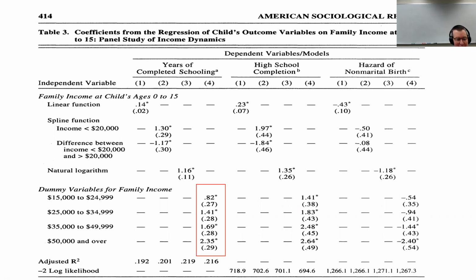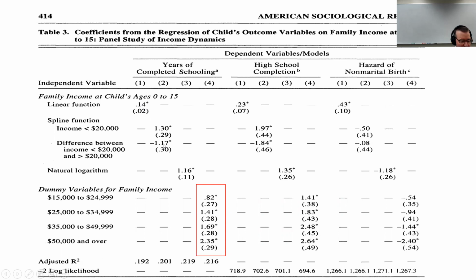We thought, well, maybe it's not linear. Maybe it's the case that the function is steeper at the beginning, at lower income levels, than at higher income levels. We did this spline function split at $20,000, and indeed we found that the responsiveness of completed schooling to tens of thousands of dollars at very low income levels is much higher than the overall association, 1.3 instead of 0.14.